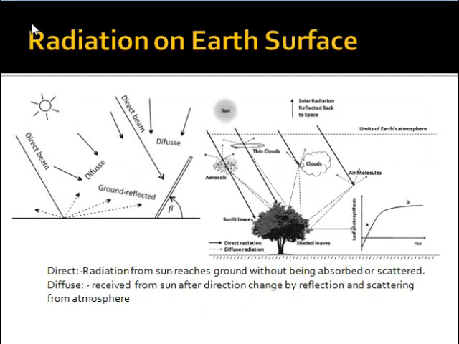In this slide we can see how much radiation will reach the earth and what type of radiation will reach the earth. Till now we have discussed the radiation coming to earth, but after coming to earth it has to pass through the atmosphere. The atmosphere is a layer of air above the earth's surface, and it is not just one component present in the atmosphere.